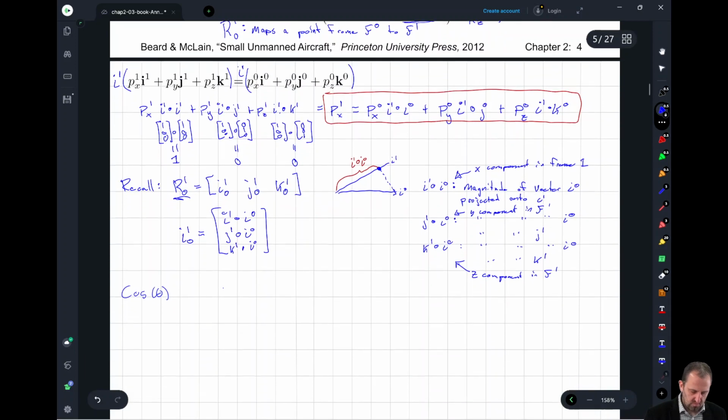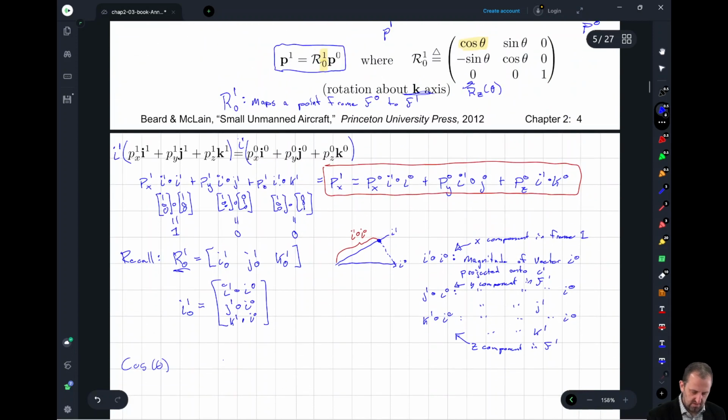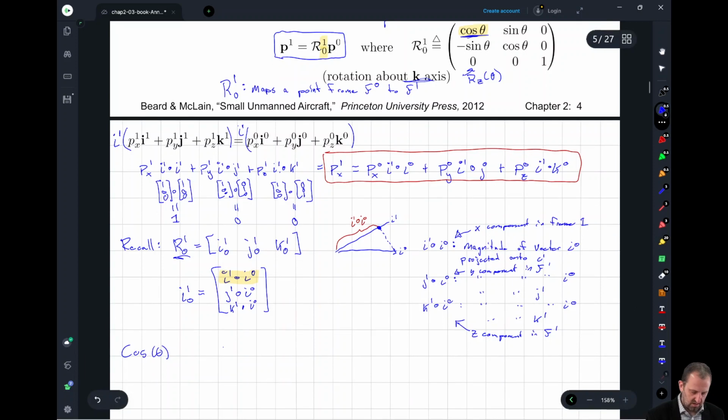So this cosine of theta, if we take a look at that, that was just our term here. So maybe I'll highlight that instead of having so many circles all over. So we're claiming that cosine of theta is equal to I1 dot I naught.